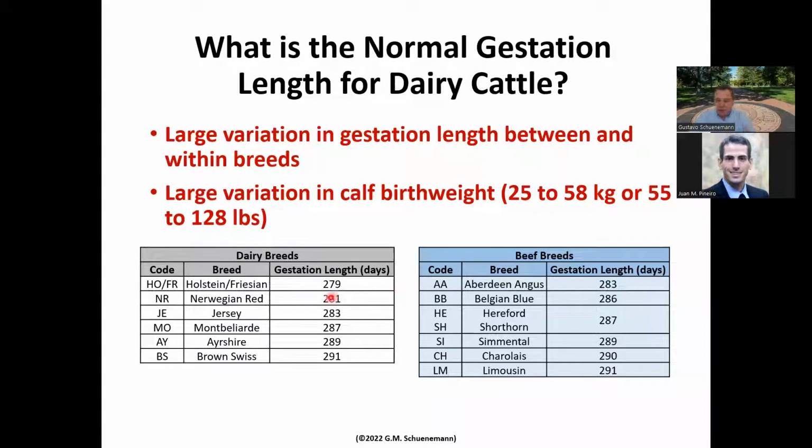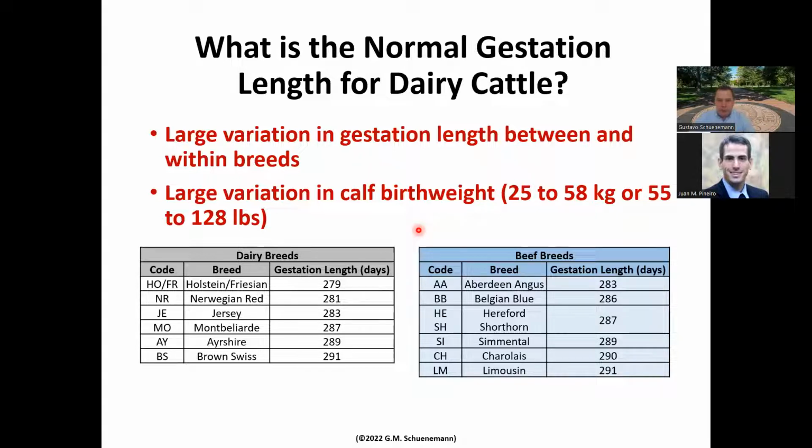Most of us, especially myself, work with Holstein cows, Jerseys, and some of the crosses. Depending on the farm, they use different beef bulls according to whether they are Jersey cows, Holstein cows, or Jersey-Holstein crosses, and they select a particular bull for the cow.